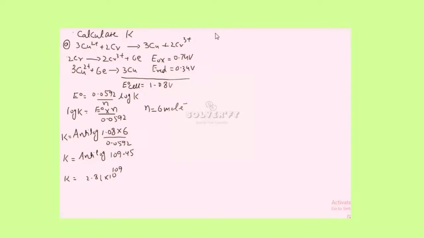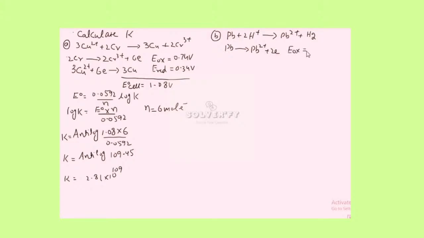In equation B, we have given that lead reacts with the hydrogen ion forming Pb2+, and the hydrogen is reduced in the form of hydrogen gas. So here at the anode, the oxidation of the lead takes place, which forms Pb2+ releasing 2 electrons.